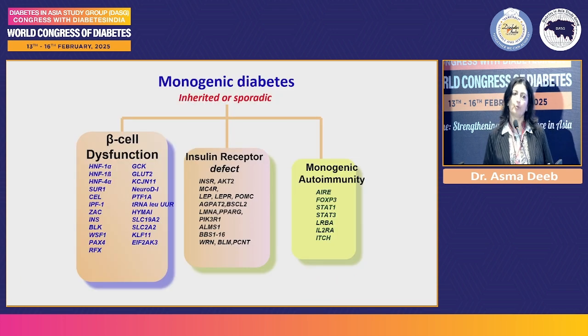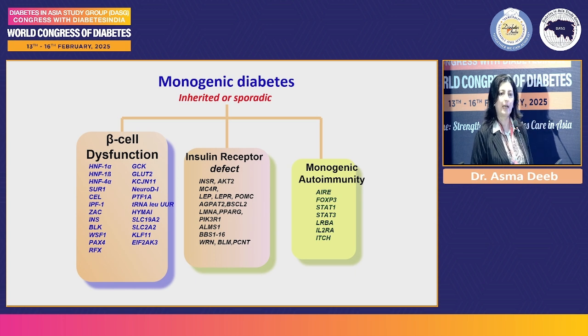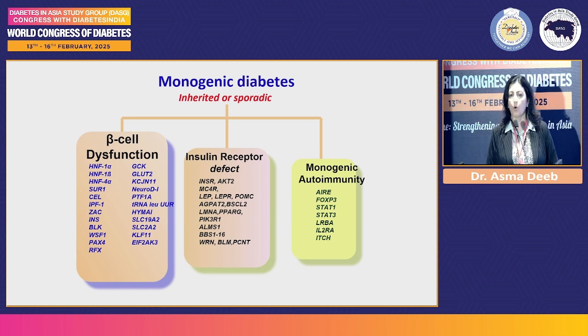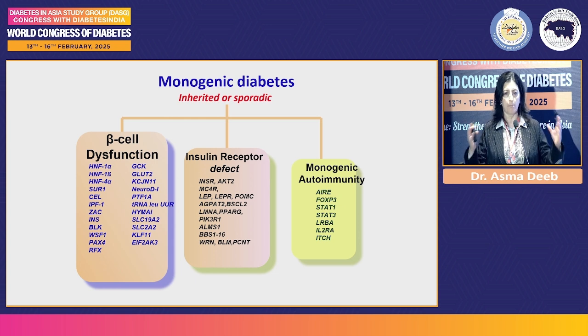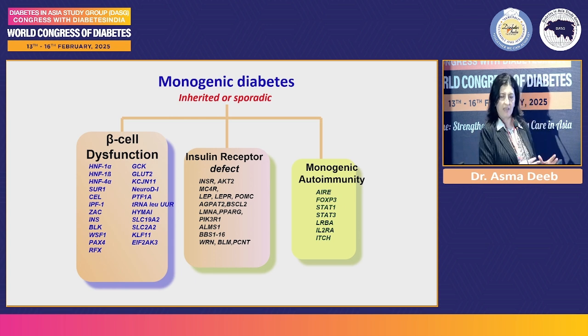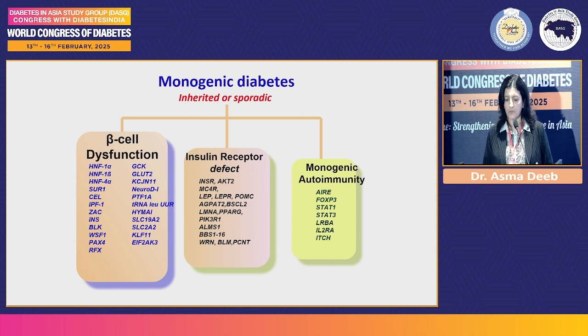So if you talk about monogenic diabetes and highlight the genotype of that big umbrella of disease, it can be easily divided, when we talk genetics, into those with beta cell dysfunction, insulin receptor defects, or monogenic autoimmunity. The last one is really fascinating, and I hope time will allow me to give you an example of that.